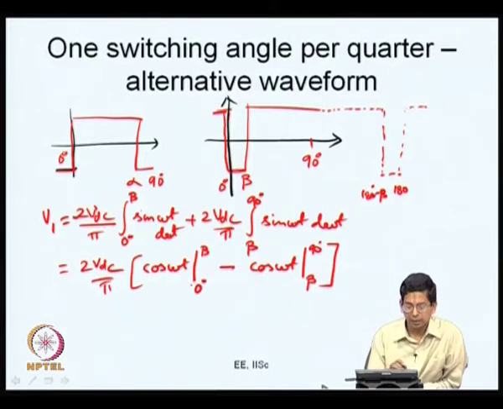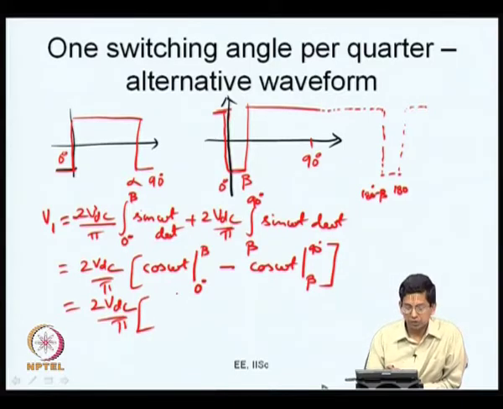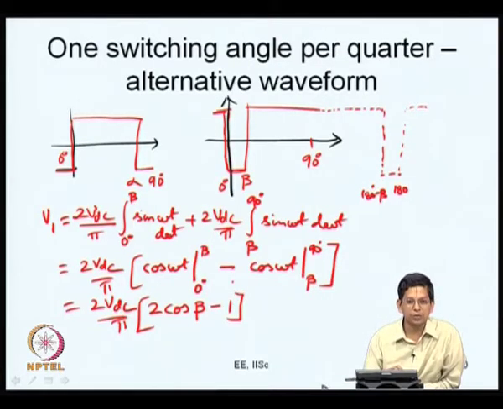Is it right? So, what I am going to get is 2 VDC upon pi. So, this is cos beta minus 1, and what you have is another cos beta coming up here. This is 2 cos beta minus 1. This is what I am going to get for such a function.